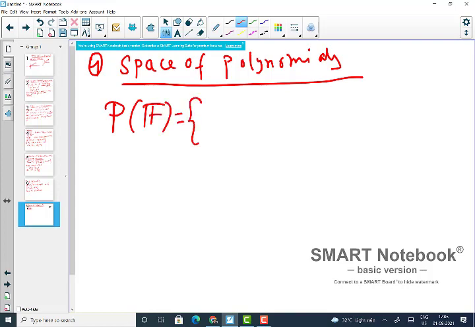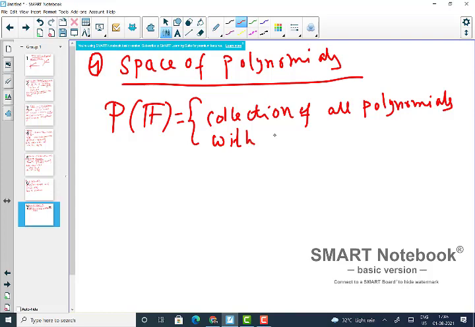This is the collection of all polynomials whose coefficients are in F.